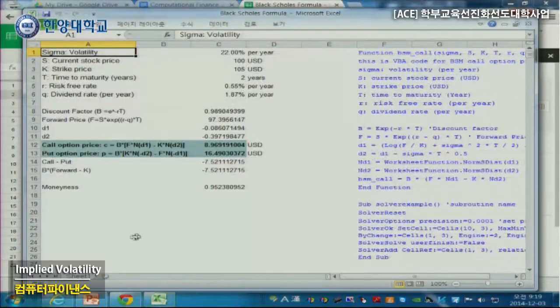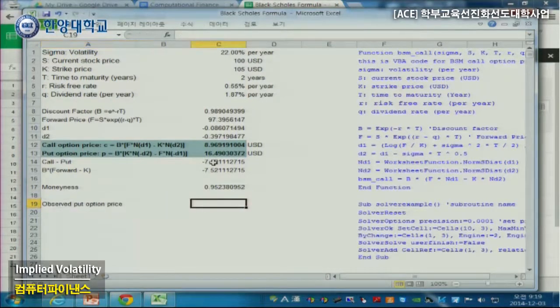So let's suppose that we have an observed put option price, like 17. Let's say the observed put option price is 17, but in our model, our put option price is 16.